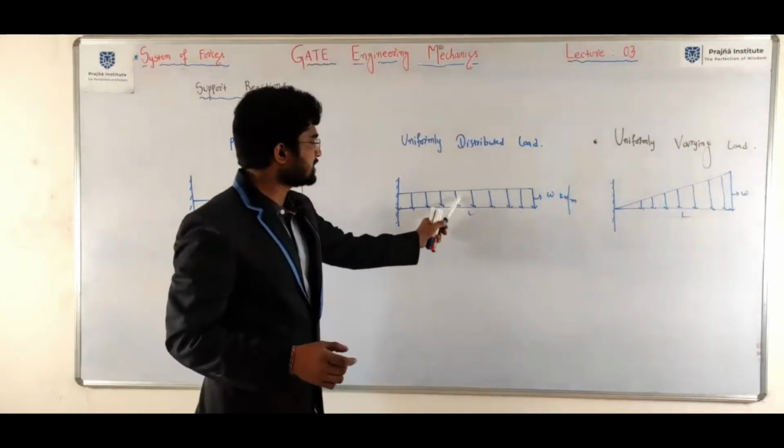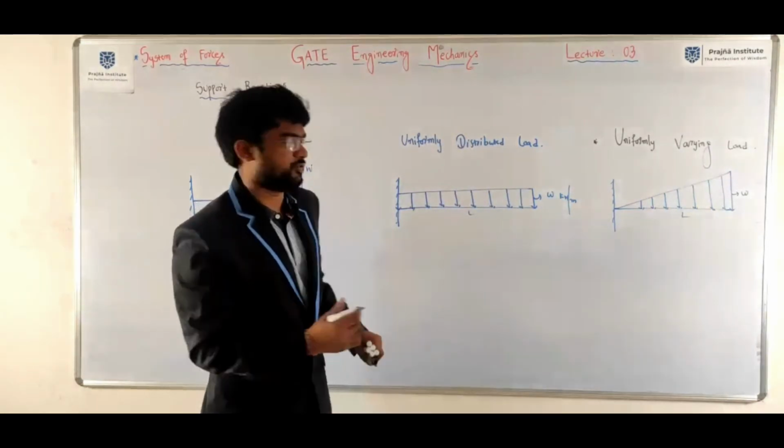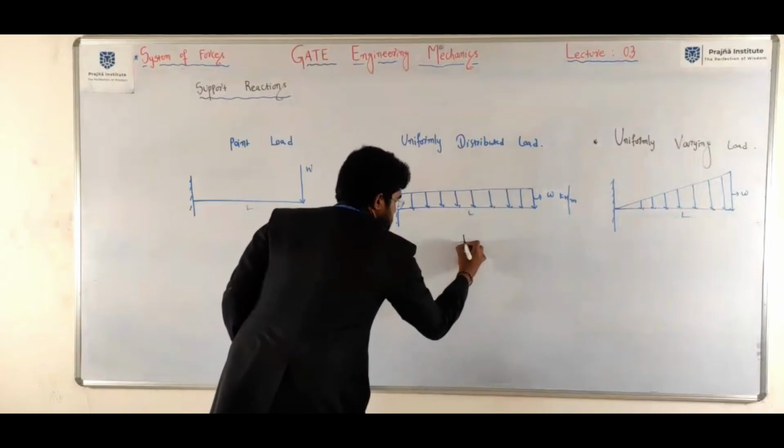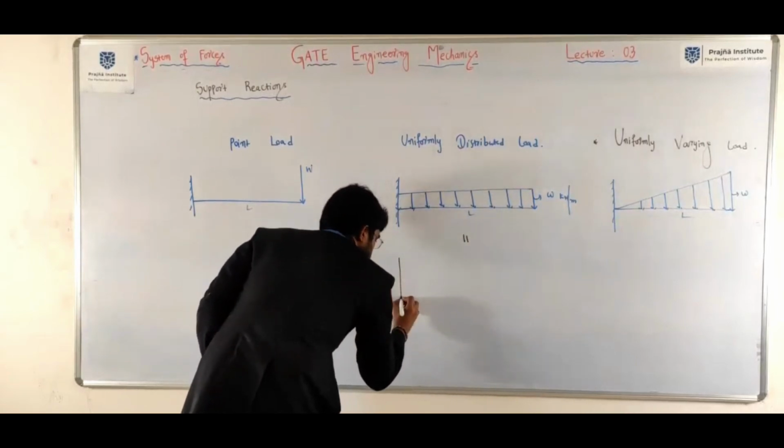How to convert this beam load into point load? We need to discuss. This is equivalent to, see, here.